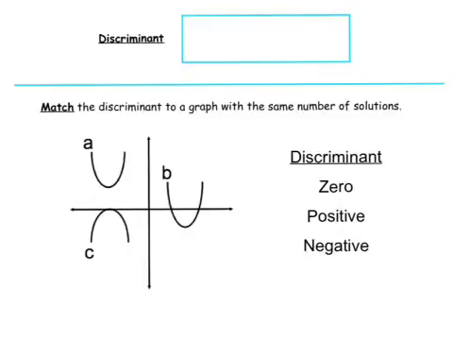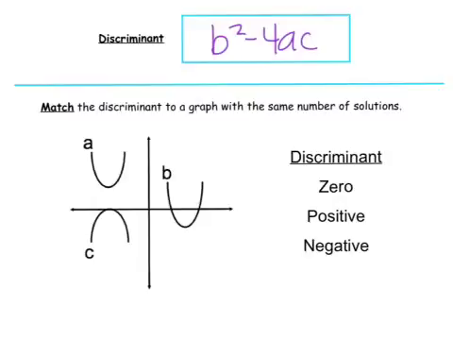And we can also use the discriminant to help us figure out what our graph would look like. So first of all, let's recall what the discriminant is. Remember, it's b squared minus 4ac. And we've talked about what graphs look like when they have so many solutions.